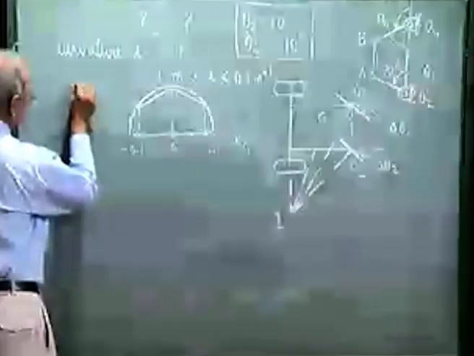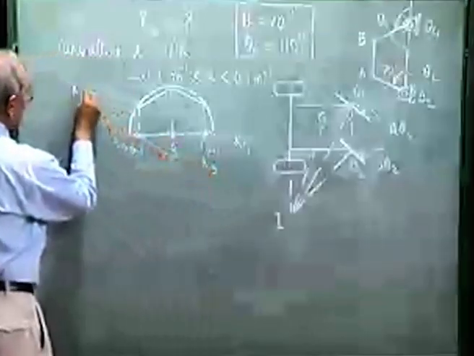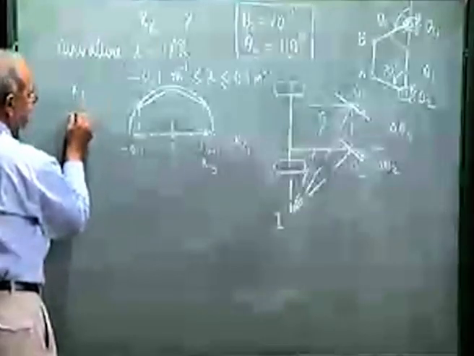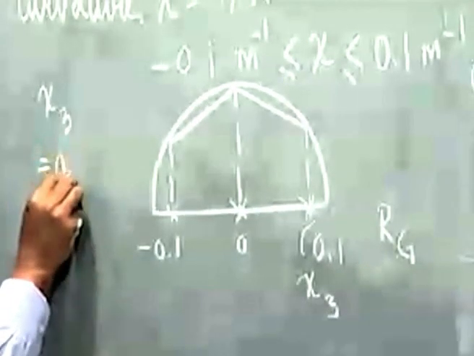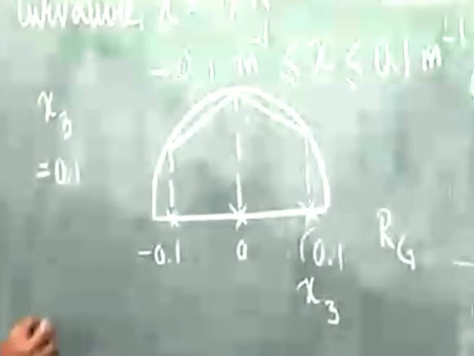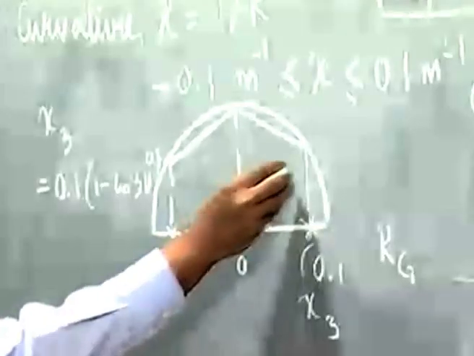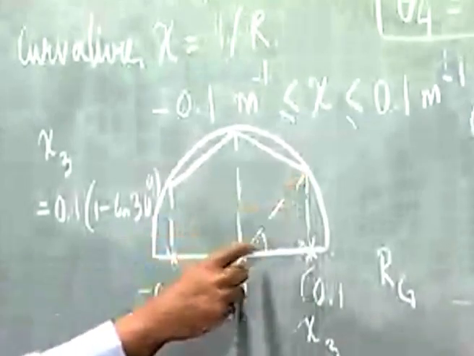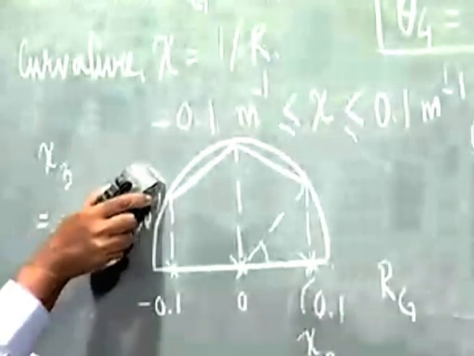So, if I call it chi 3, which is the same as minus chi 1, chi 3 is (0.1) into 1 minus cosine of 30 degree. This angle is 30 degree. Radius is 0.1, this is 30 degree, so this is 0.1 into cosine 30 degree.